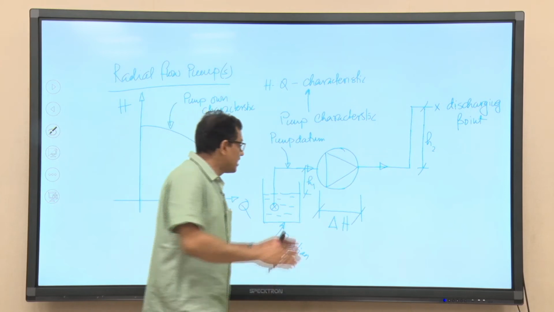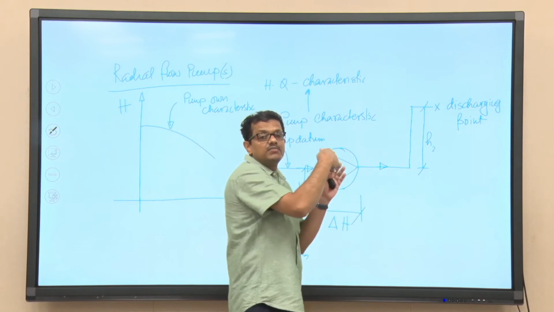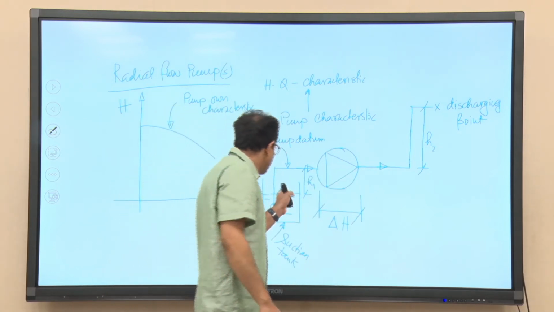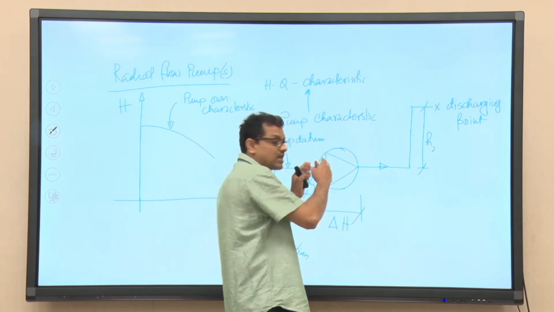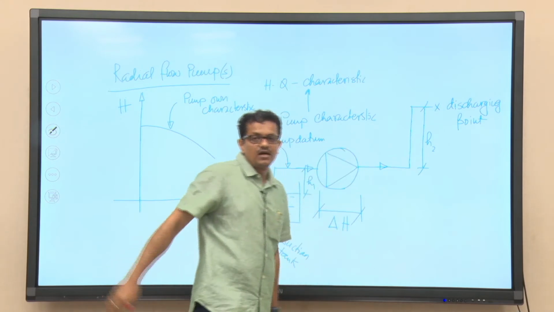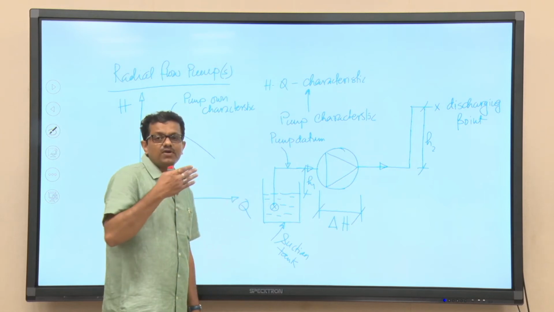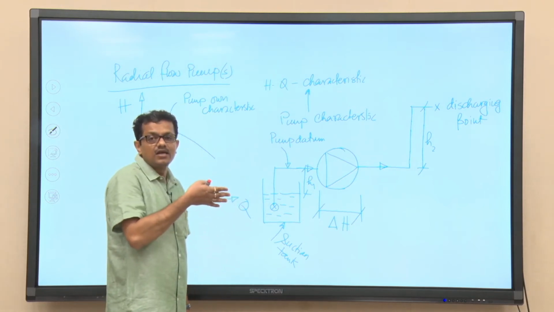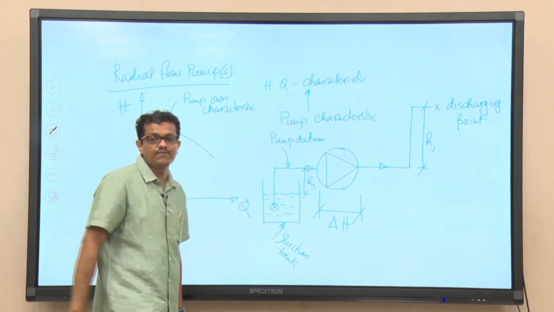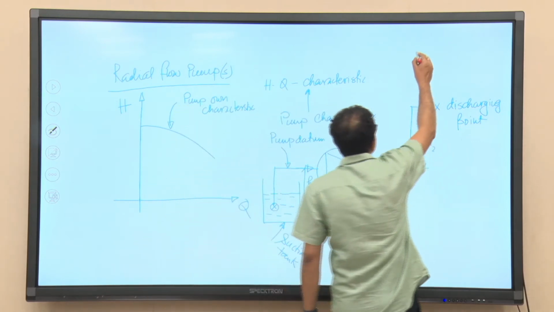So, basically NPSH available is the quantity that will depend on the thermodynamic parameters of the liquid and the thermodynamic parameters of the ambience in which the pump should be installed. So, basically that information, the system design, the total head that will be developed by the pump together with the amount of water that will be handled by the pump. Again I am telling, these two quantities are very much important.